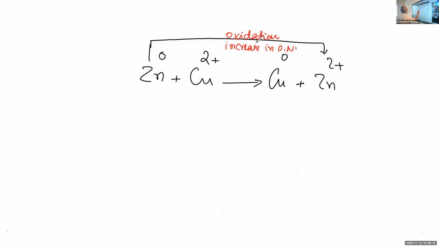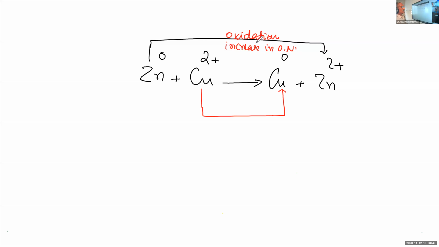Now what happens to Cu plus 2? Cu plus 2 is changed to Cu0. Then what happens to the oxidation number? Is it increase or decrease? Decreases.